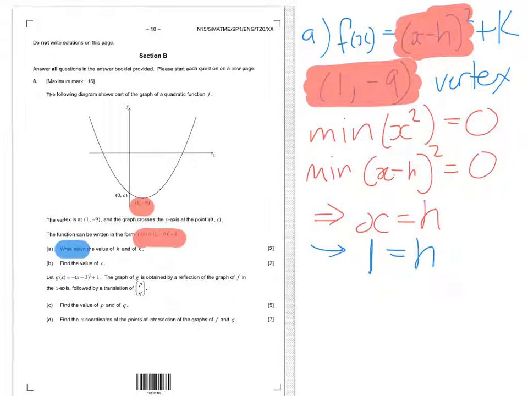Similarly, when x is equal to 1, what happens to f of x? Well, now we know f of x is equal to (x minus 1) squared plus k. And we know that that's true at my vertex (1, negative 9).